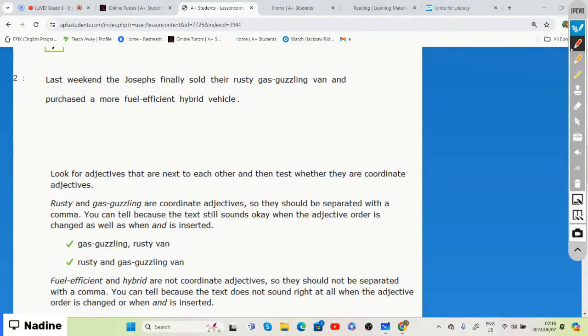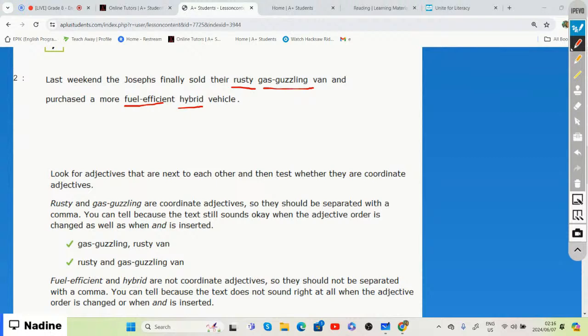So we are going to look at two. So we can say, "Last weekend, the Josephs finally sold their rusty gas guzzling van and purchased a more fuel efficient hybrid vehicle." So there's two that we have identified, right?